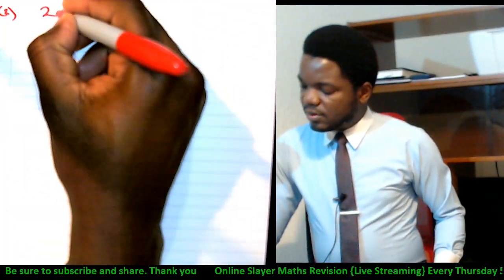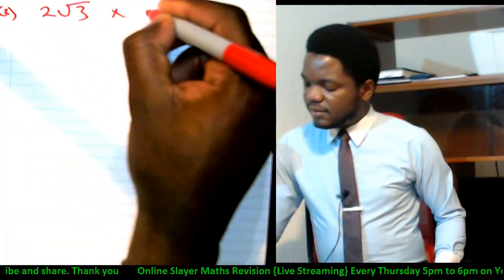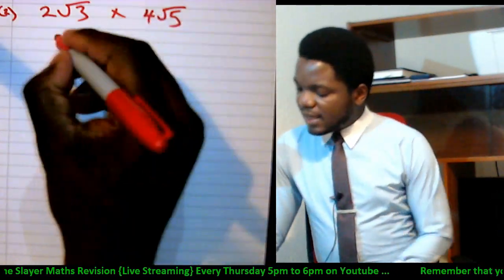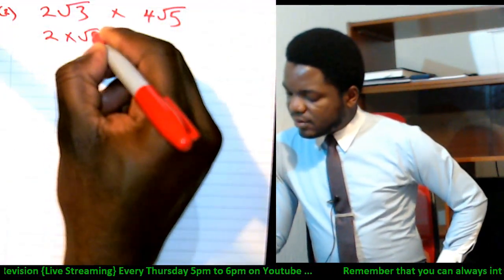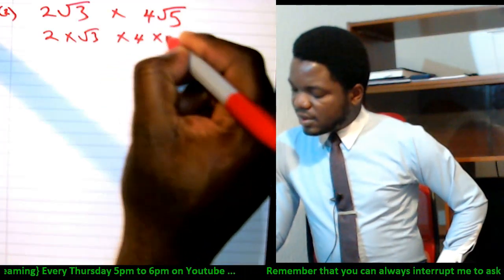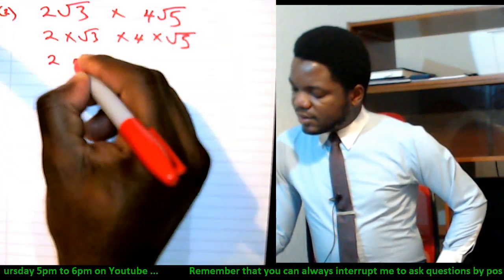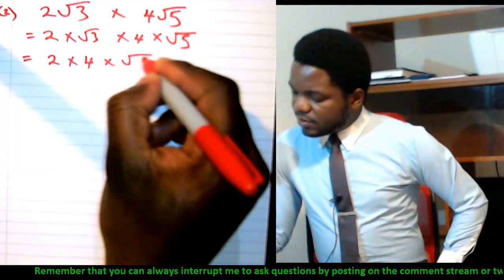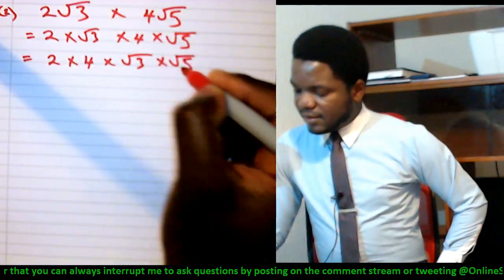Second example, 2 root 3 times 4 root 5. That's going to be 2 times root 3 times 4 times root 5. That's 2 times 4 times root 3 times root 5.